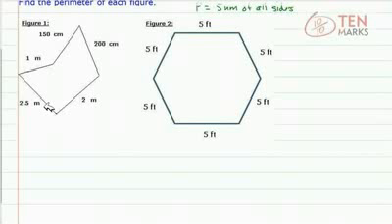To find the perimeter, we first need to write all the side lengths in the same unit, because we have meters and centimeters. So we have to convert 150 centimeters and 200 centimeters into meters.